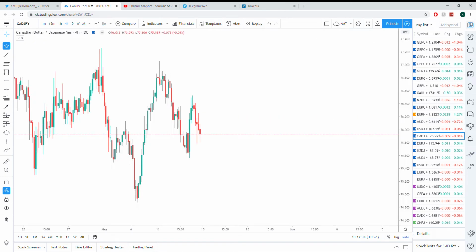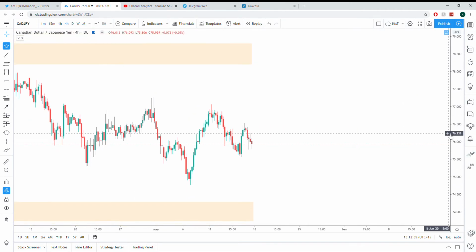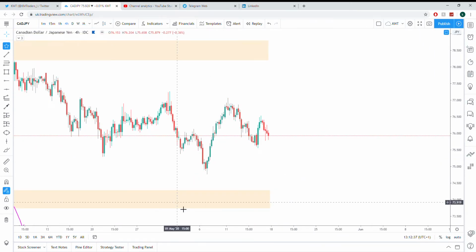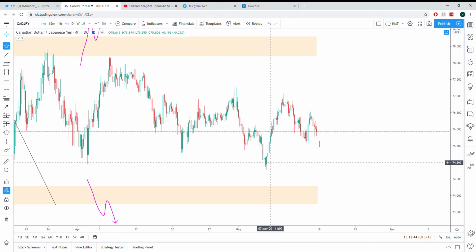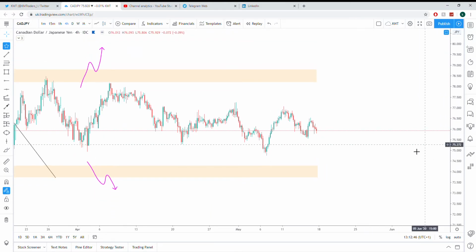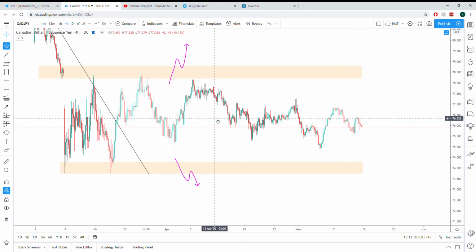So looking now at the Canadian dollar to the Japanese yen. So again, if you've been looking at our previous analysis videos, we've just been looking at the range, and we've just been stuck in this market for a few weeks now.